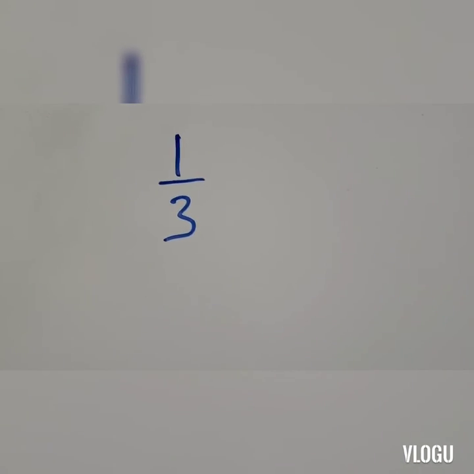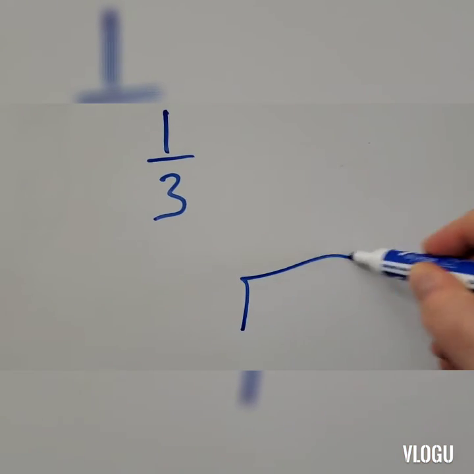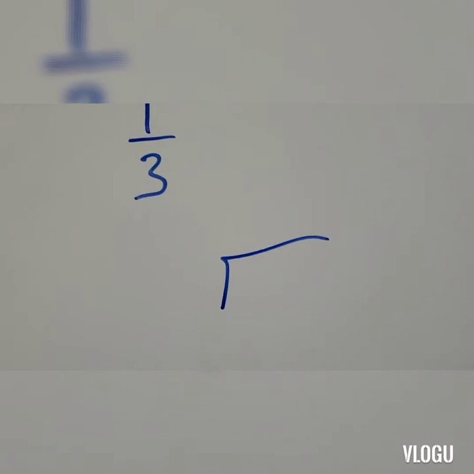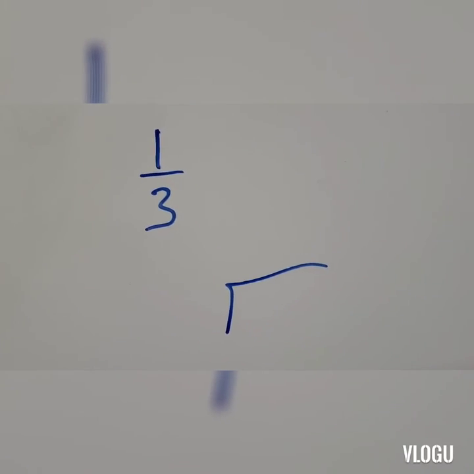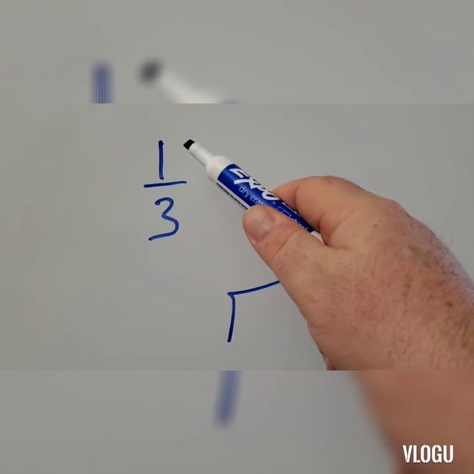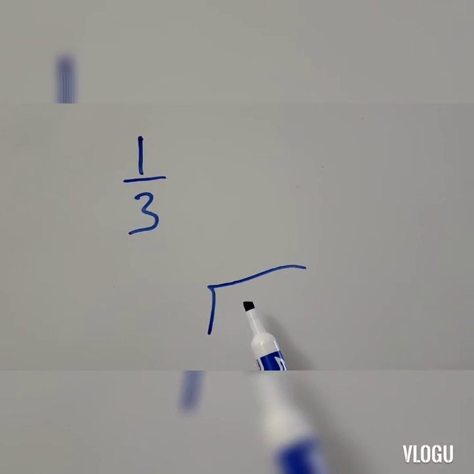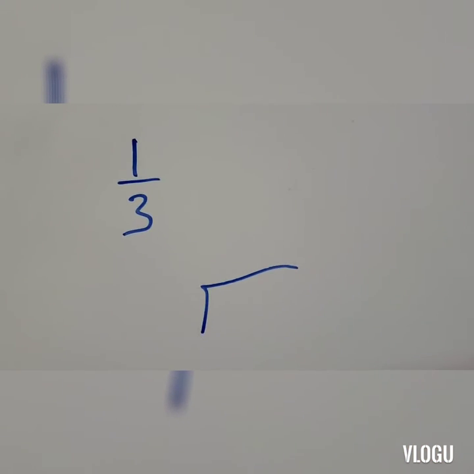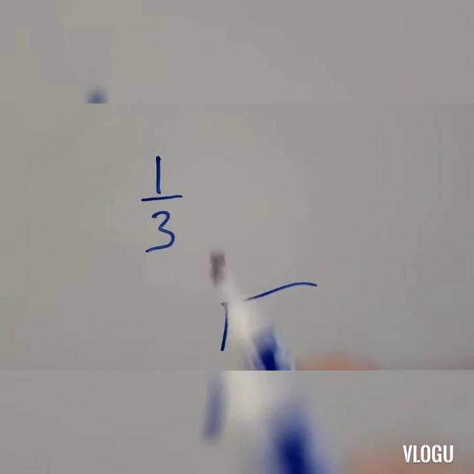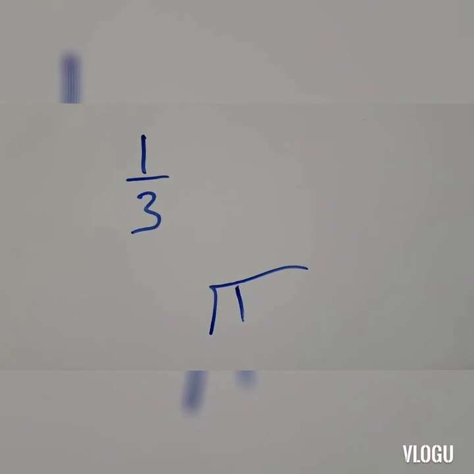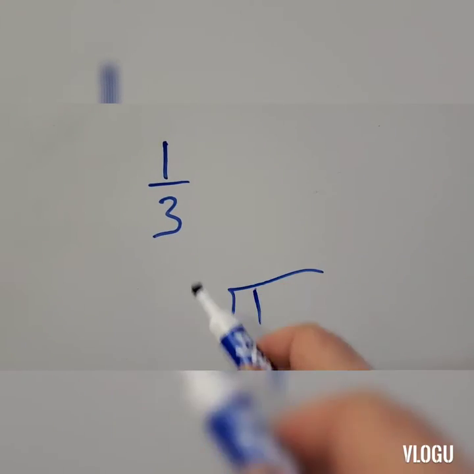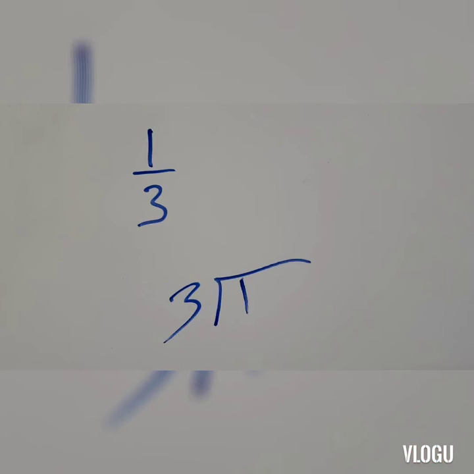We can find this using our friendly neighborhood division. Who can tell me if the numerator or the denominator is going to be the dividend under the division bar? If you said the numerator, you are correct. Our denominator is going to be our divisor.